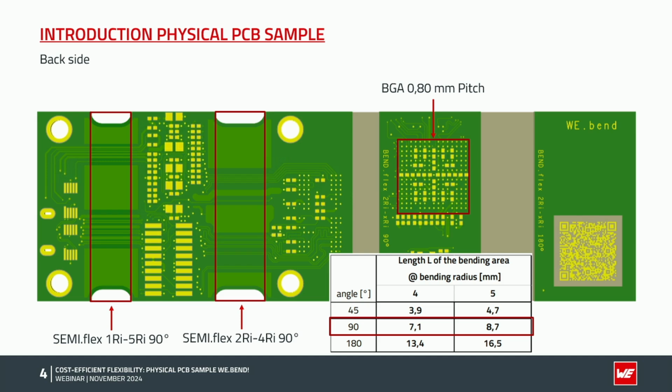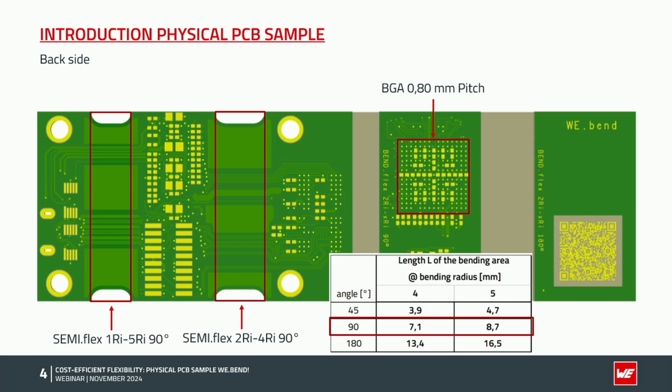The second SEMI.flex area here includes 2 copper layers, and this can be bent again with 90 degree, but here the length of the flex area is 8.7 mm. So again the flex is a bit smaller than the one from the BEND.flex, but we can bend it only with 90 degree and not with 180 degree.